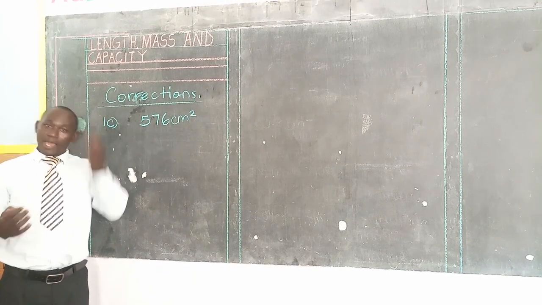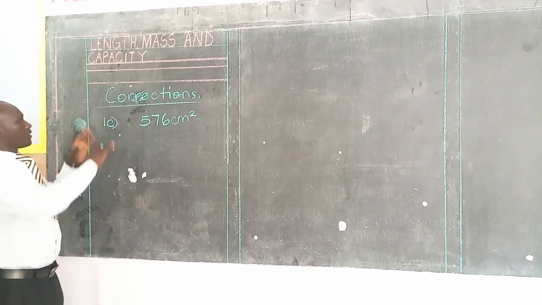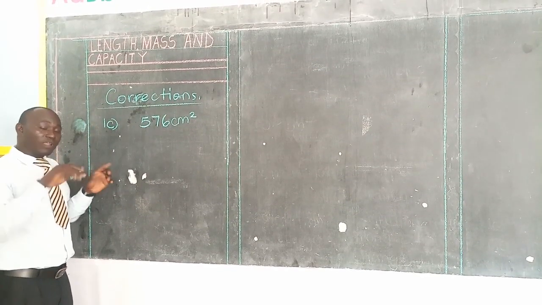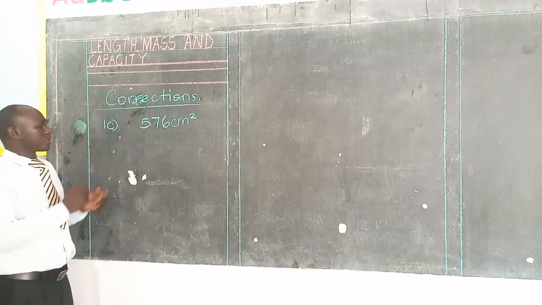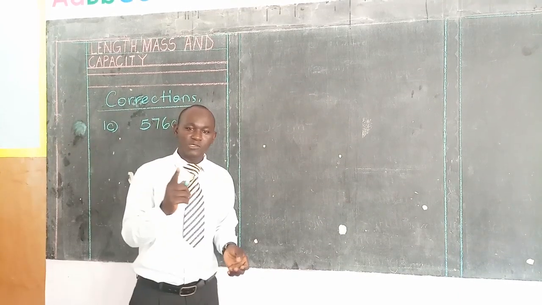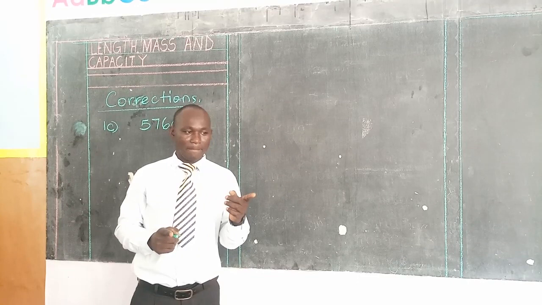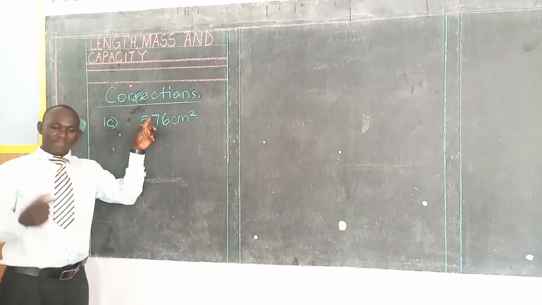Basing on what you handled in the previous lesson, remember this lesson is all about the squares. What you learned was about a square, even the correction is all about that. And do you still remember the formula used for getting the area of a square? I hope so. It's the same formula that we are going to use.